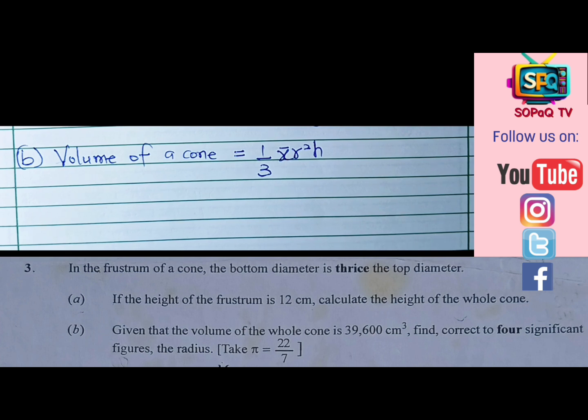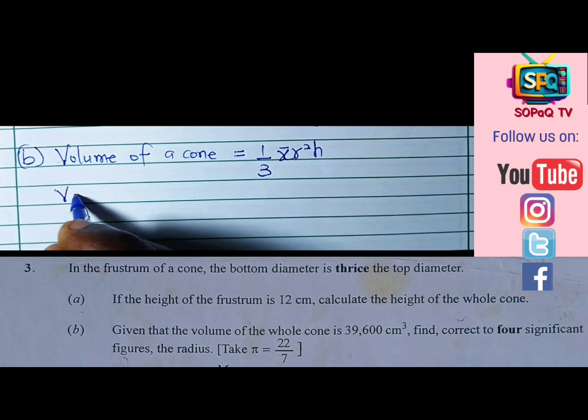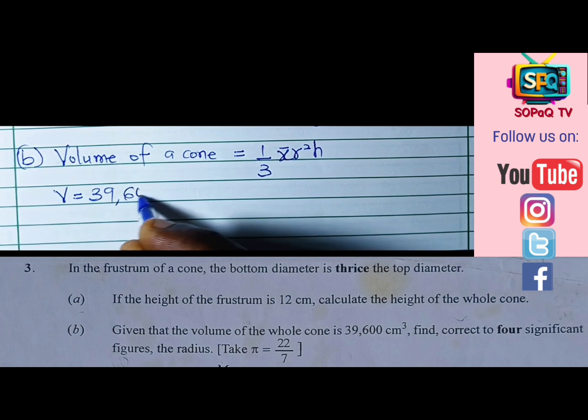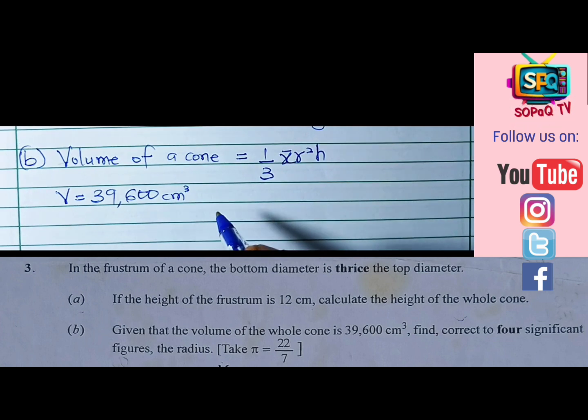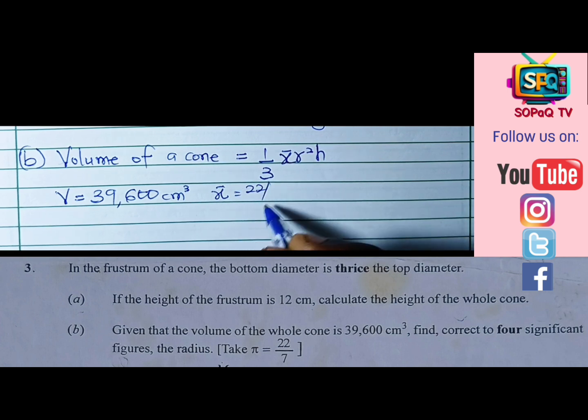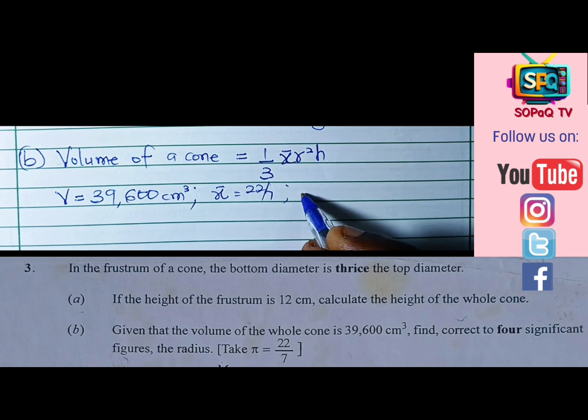That's the volume of a cone. And we were given the V from the question as 39,600 centimeters cube. And our pi is giving us 22 on 7. We have our R.